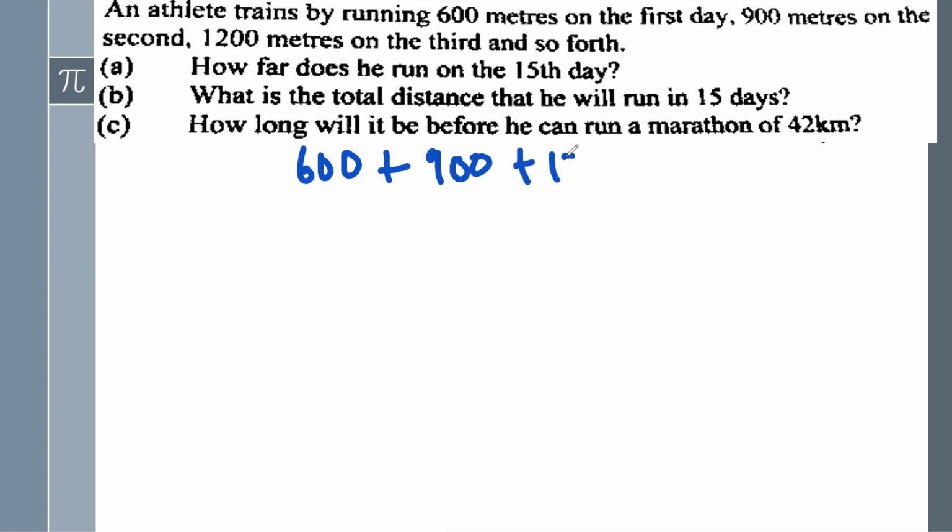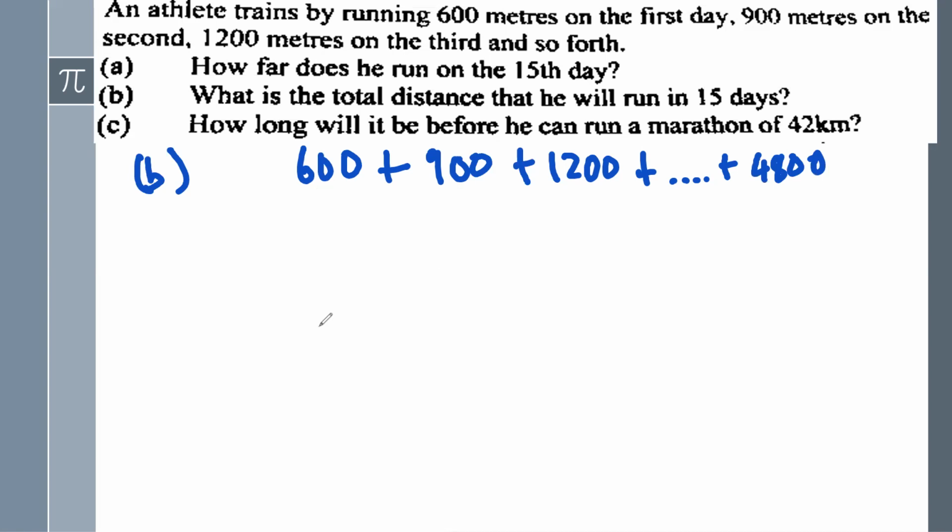And on day 3, he's going to run 1,200, okay? So by day 15, what did we calculate here? We got 4,800, something like that. So in simple terms, question B actually is asking you to add up these terms here in this kind of sequence.